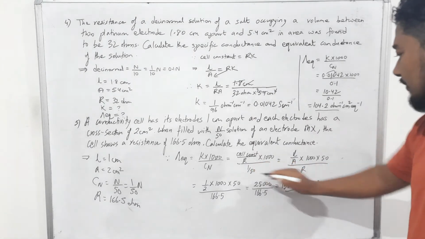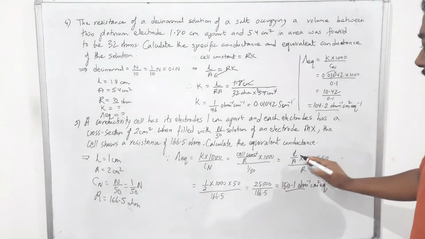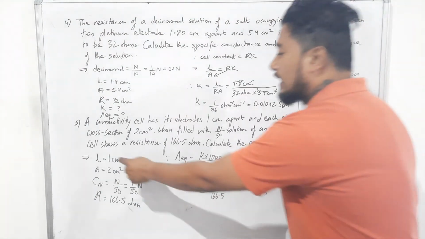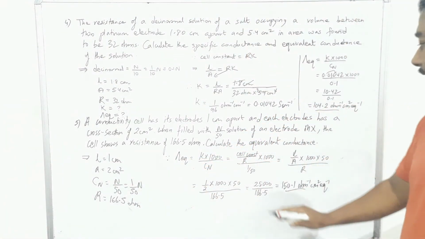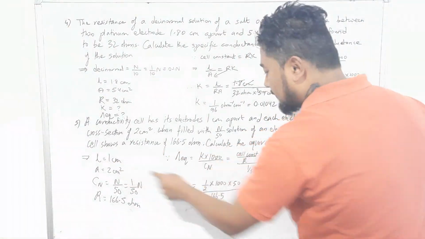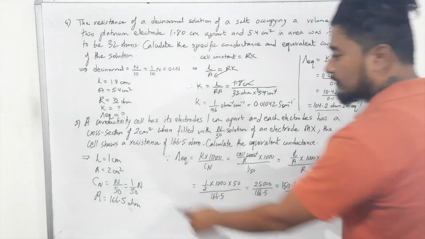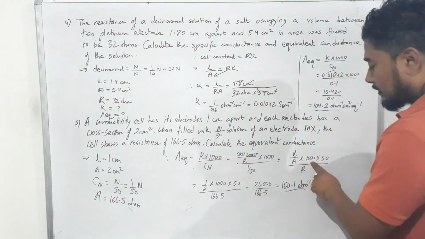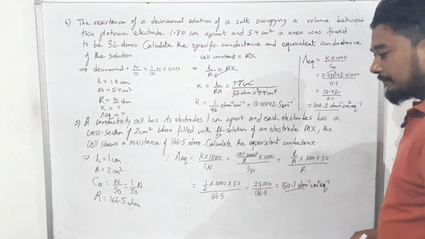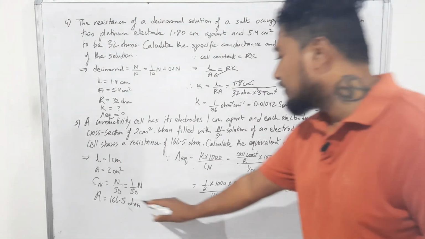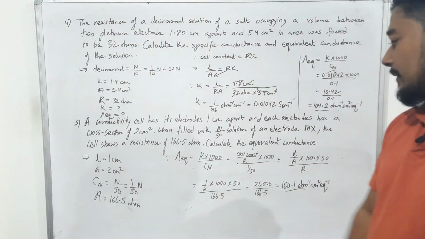This R will come down. And again cell constant we can replace with L by A, because both L and A are given in this question. Length is given 1 centimeter, so I am putting 1 as the value. Area is given 2, so I am writing here 2, into 1000 into 50. And resistance is given to you as 166.5, that I am placing here.